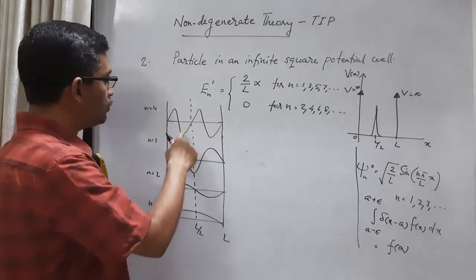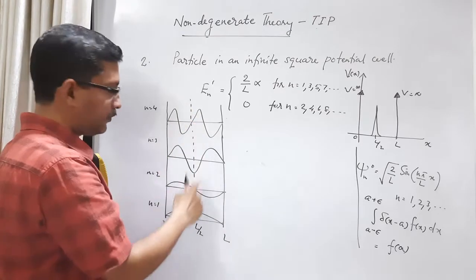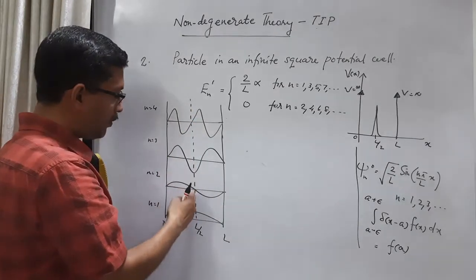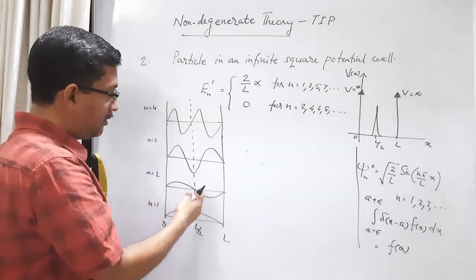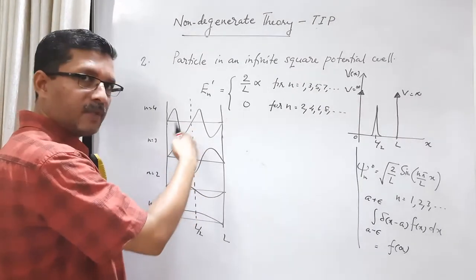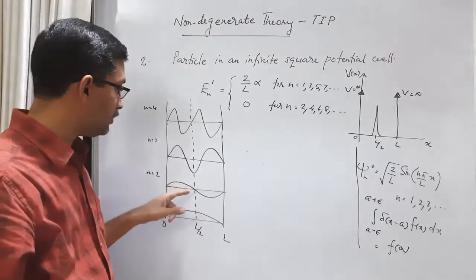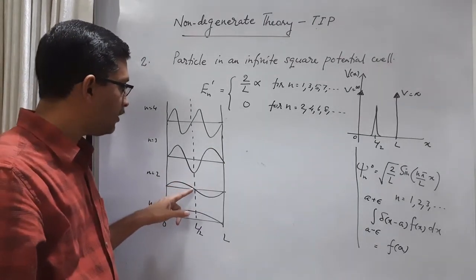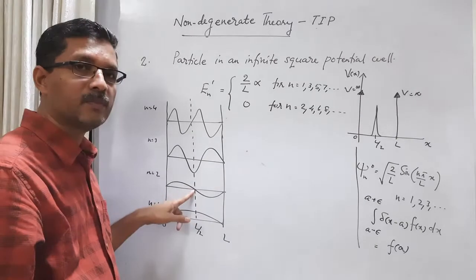What about n equal to 2, n equal to 4, n equal to 6, etc.? These are odd functions. You can see that about the point L by 2 it is anti-symmetric, it is inverting about the point L by 2. So it's an odd function about the point L by 2. In the case of an odd function, at the point of symmetry its value will be 0.